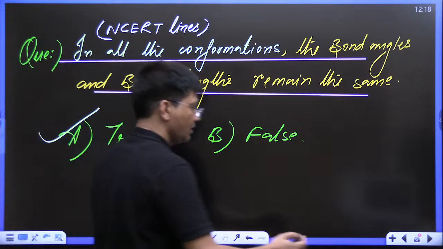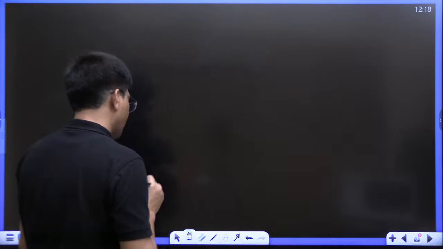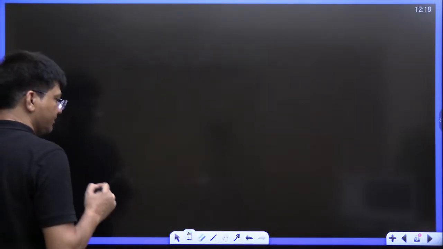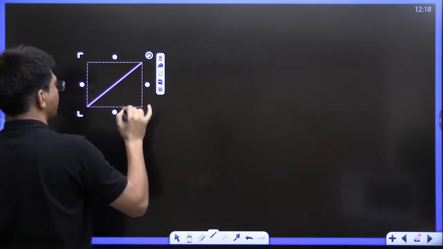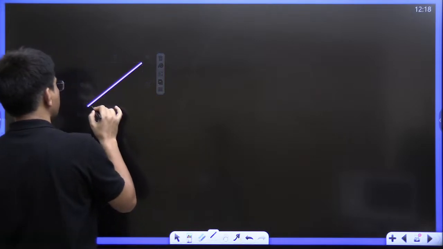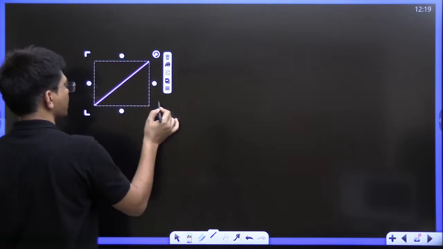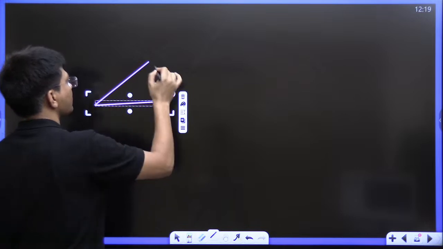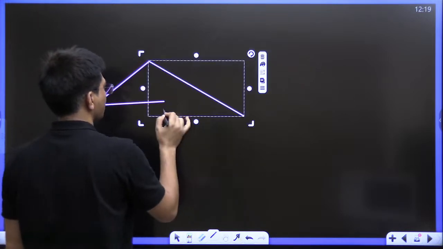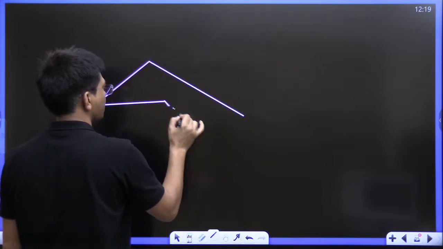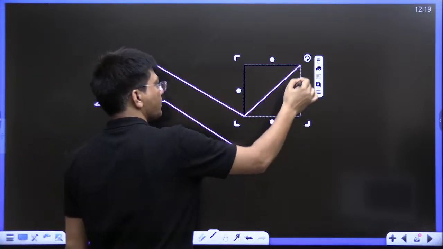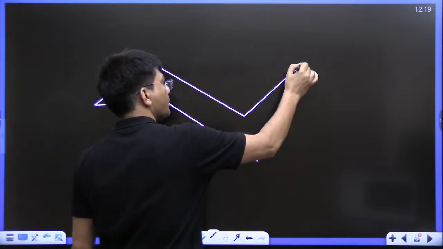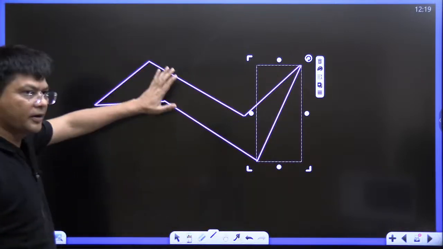Now see, try to understand. If I say that this is cyclohexane, I'm going to draw your cyclohexane. This is the foreign writers' structure.